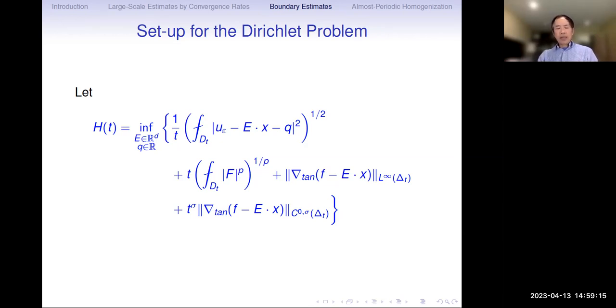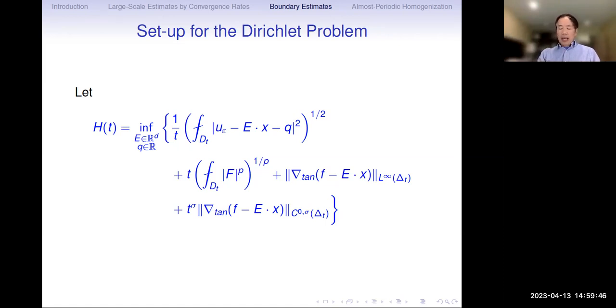So it's the tangential derivative in the C0 sigma norm, properly rescaled, so you have to multiply by t^sigma there. So that's the setup. You define this function H, and you try to carry out the general scheme and verify that this function H of t satisfies the conditions in that general scheme. There are 3 conditions there.